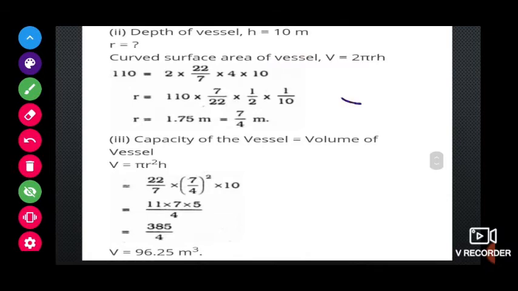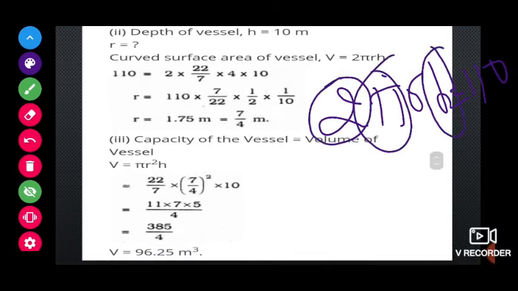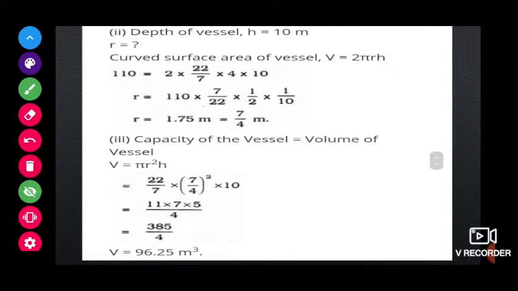What is the formula? 2 pi r h is equal to 110. So here 2 we know, pi we know, r we don't know, height we know. So substitute all the values. If we substitute the curved surface area 110, 2 pi 22 by 7, r value we don't know, r into 4.